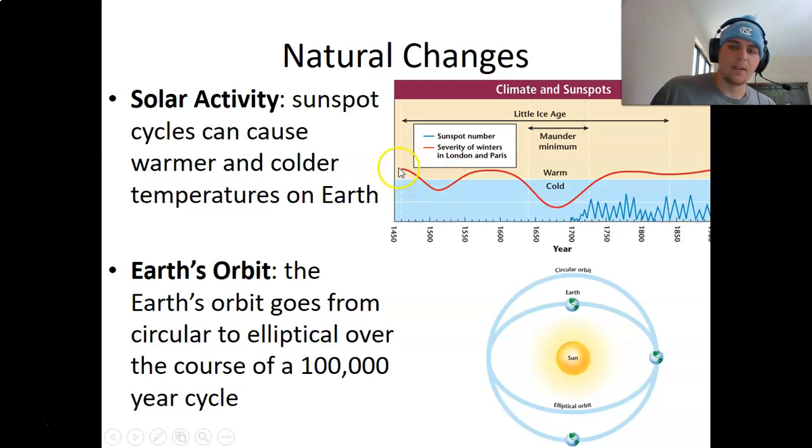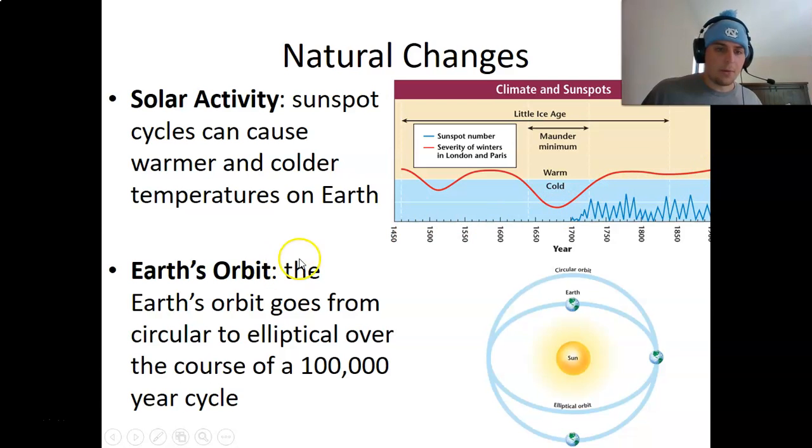So not too bad, bad, pretty warm, really cold. And then you'll see the sunspot numbers started increasing a bit. Now you notice that they go up and down and up and down. That's probably seasonal related, like as the Earth orbits the sun. But you'll see that as the sunspot numbers have gone up, the winters have leveled out.